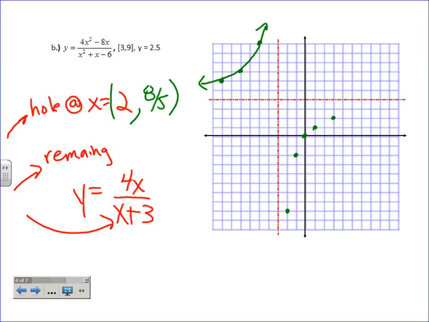And 9, 3. Do you agree that's in general? Now, we're going to want to put that hole in there at some point. Yeah, might as well do it now. So basically it's 2, 1 and 3/5 or 1.6, right? So 2, 1.6, right there.